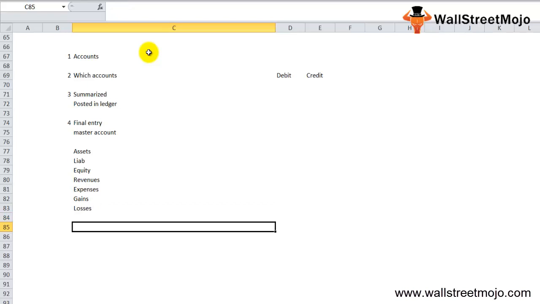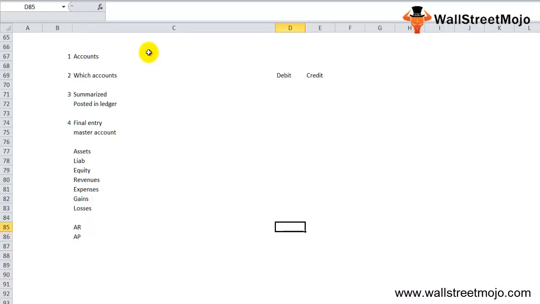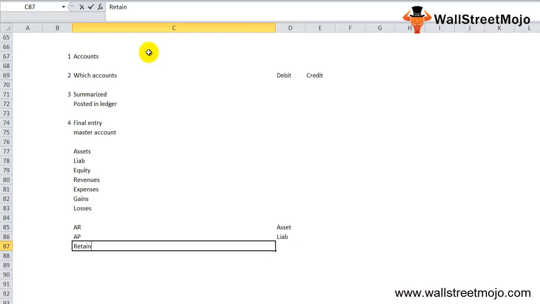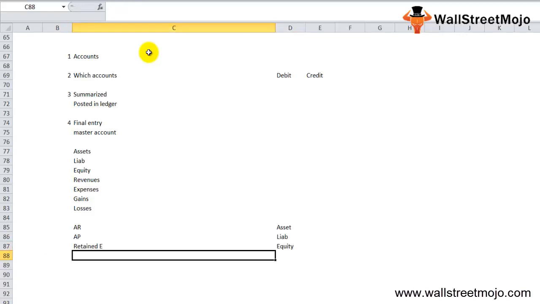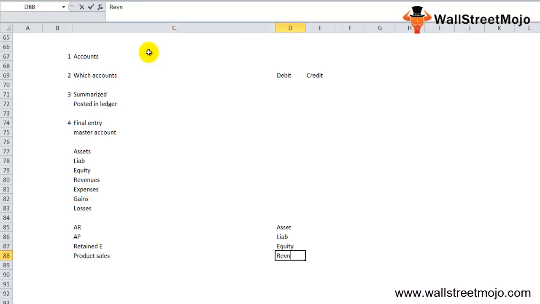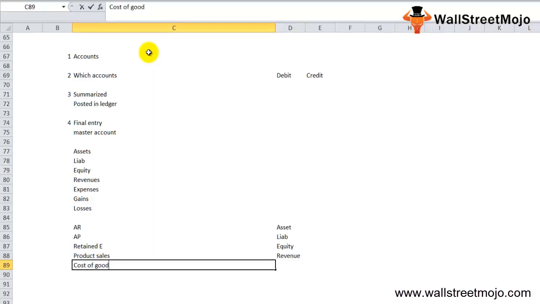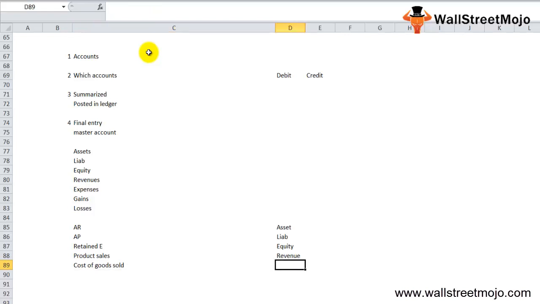Now some examples of accounts in the ledger are accounts receivable, accounts payable. So this is your asset, this is your liability. Then you have your retained earnings, which is your equity account. Then let's say you do product sales, so that goes with your revenue. Just taking one example of all. Let's say cost of goods sold, so that goes as expense.